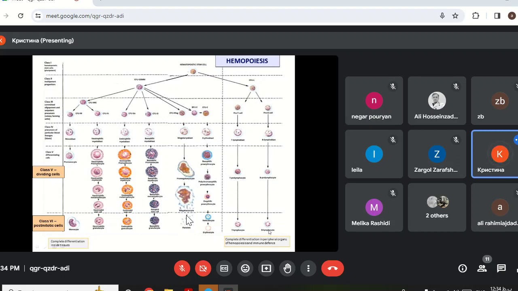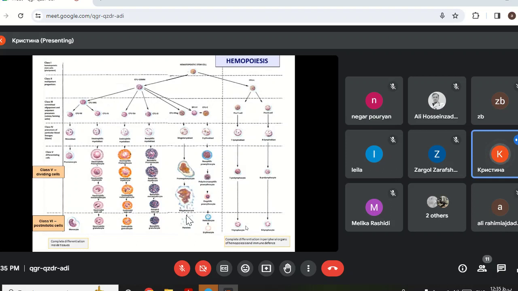But these cells of 6th class, T lymphocyte and B lymphocyte, are not their final forms. They exit red bone marrow, and T lymphocytes exit thymus, when they are the cells of class 6, and then they go to peripheral organs of immune defense, such as lymph nodes, spleen, and tonsils, where they complete their differentiation into their final forms.